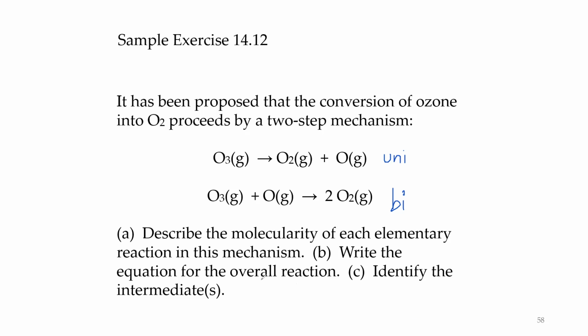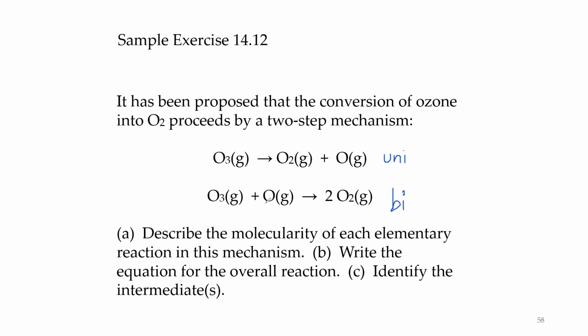All right, and then with part B here, write the equation for the overall reaction. So this is going to be similar to what we do with Hess's law, where we can piece together multiple reactions, add up everything on the left, add up everything on the right from the multiple reactions, and then anything that occurs on both sides gets canceled out. So we can do the same thing here, actually.